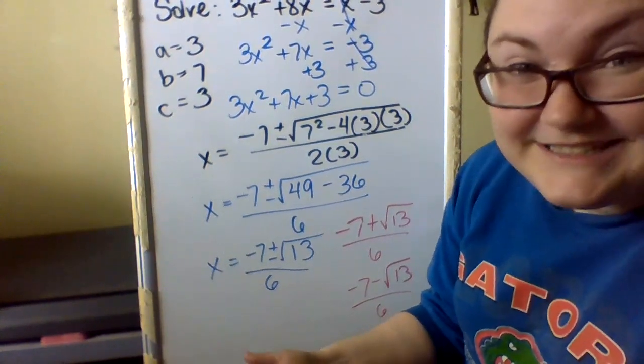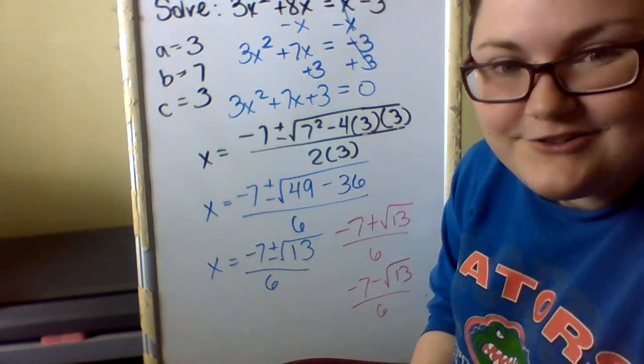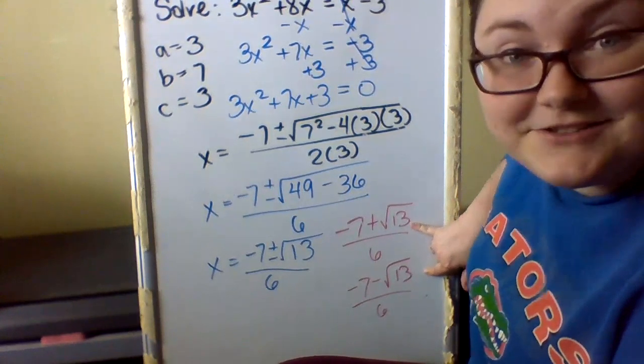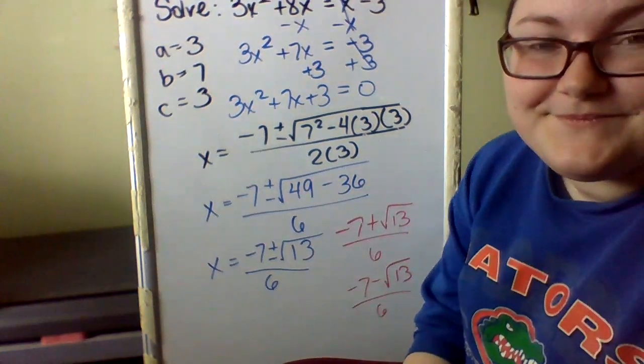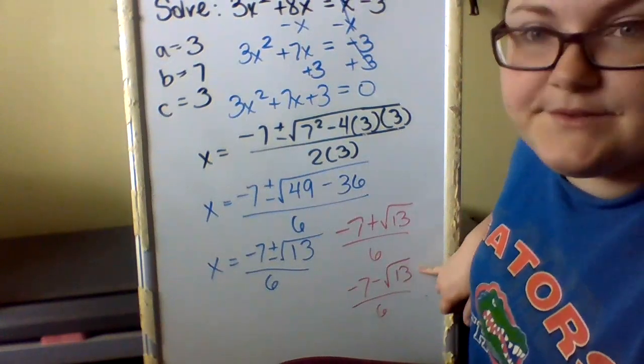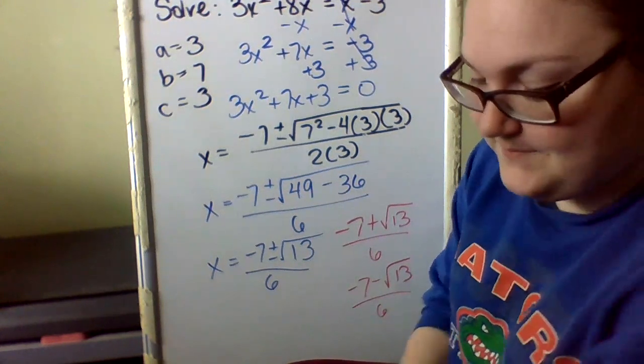It looks crazy, but remember at the beginning when I said this is one that you can't solve by factoring? You can't solve by factoring because this crazy stuff is what the answer looks like. So another reason why we've got multiple options is you're not going to be able to solve by factoring when this is what your solutions look like.